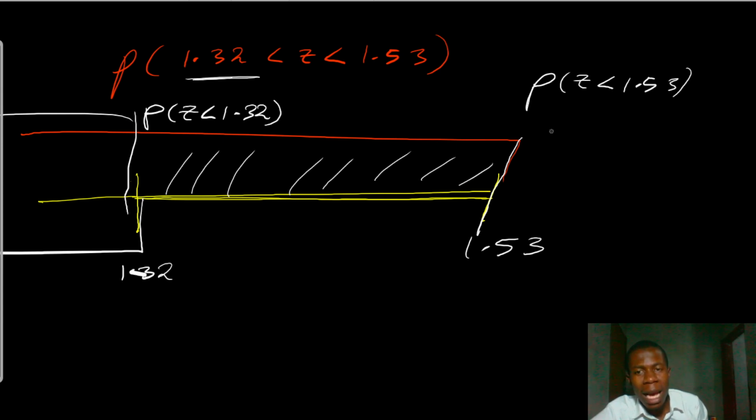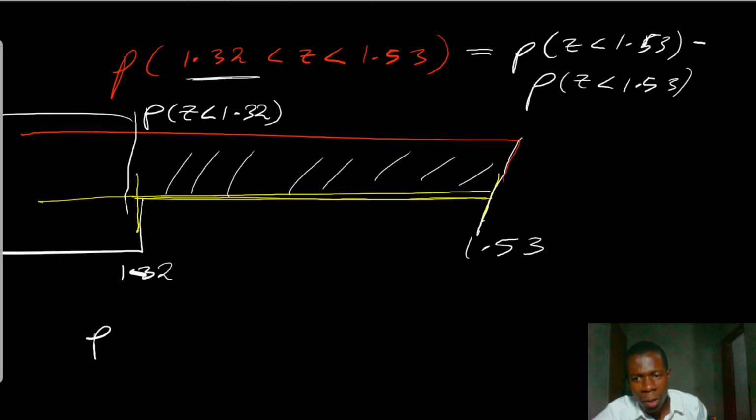Then this is basically equal to the big probability minus the small probability.